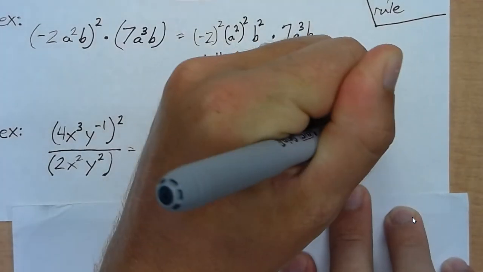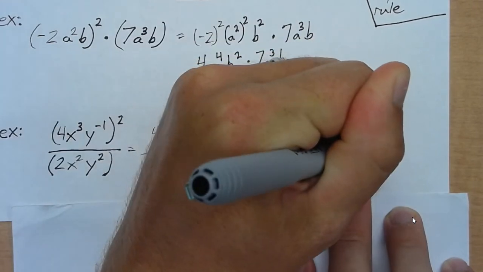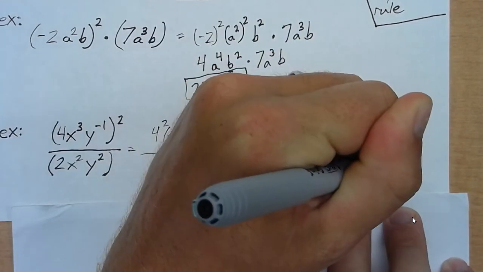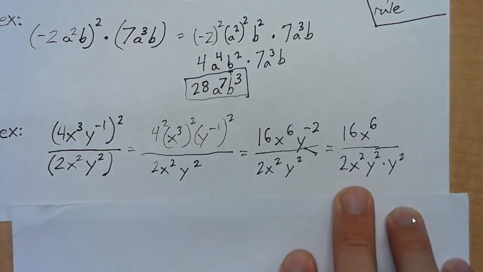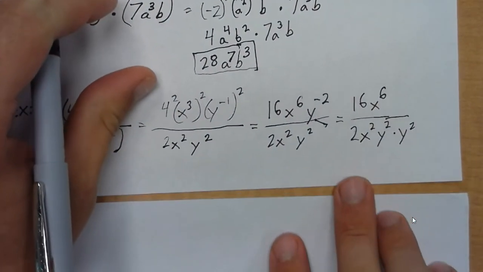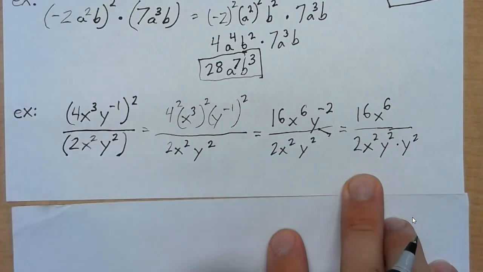So 16x to the 6th over 2x squared y squared times another y squared. So now we have all positive exponents. That's looking good. And now it's just time to clean up and see what else we can eliminate with the variables.